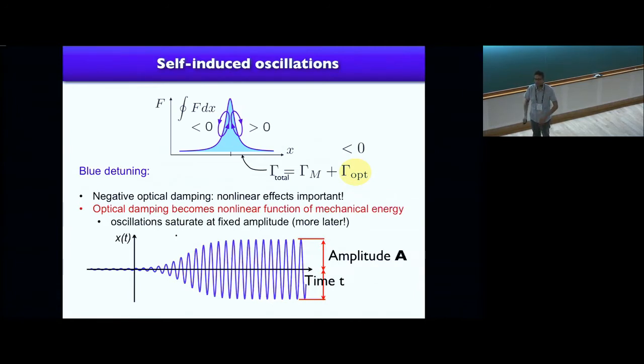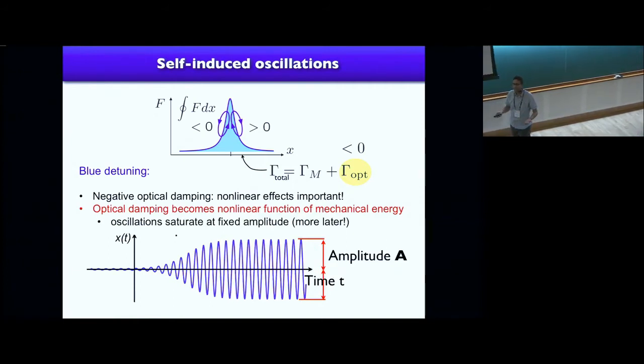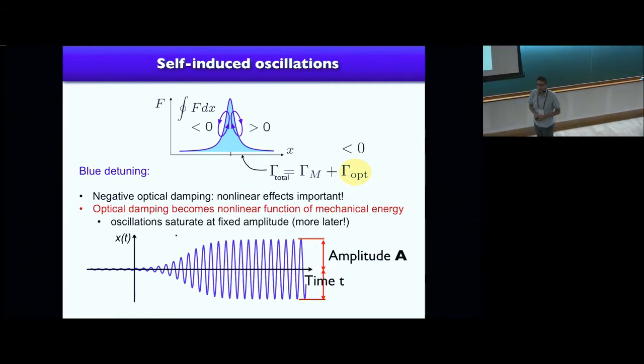The large amplitude of oscillations in the mechanics is changing the way the cavity provides this negative damping, and it's causing that negative damping to drop off in magnitude. So the standard way of thinking about this is that the optical damping is nonlinear damping. It's a function of the amplitude or the energy of the mechanical oscillations.